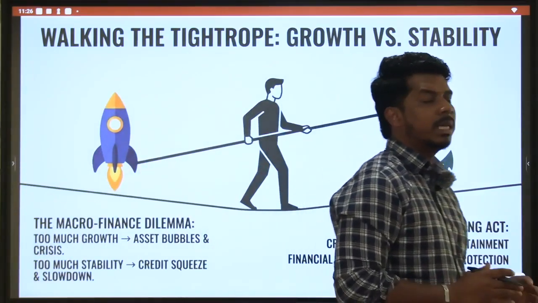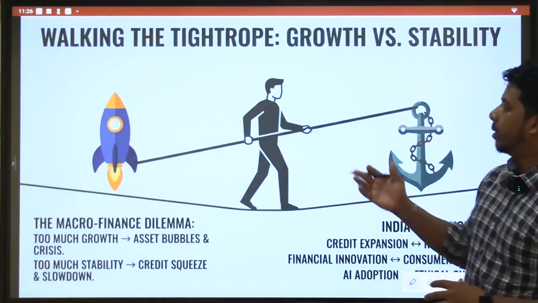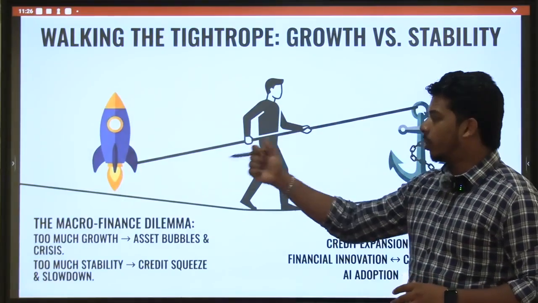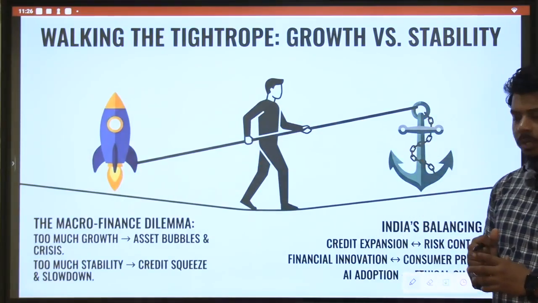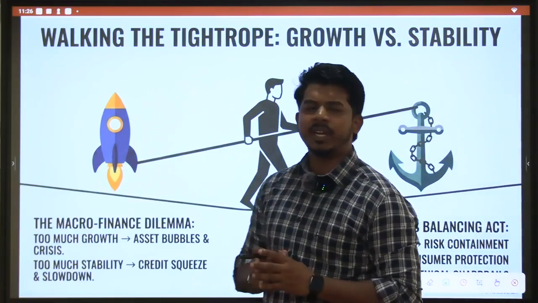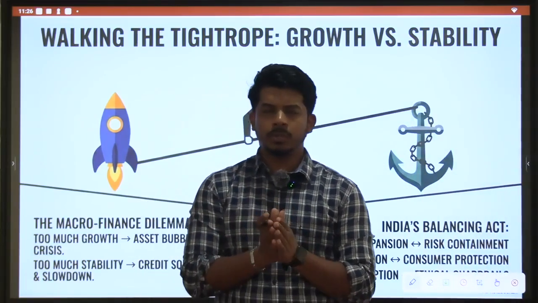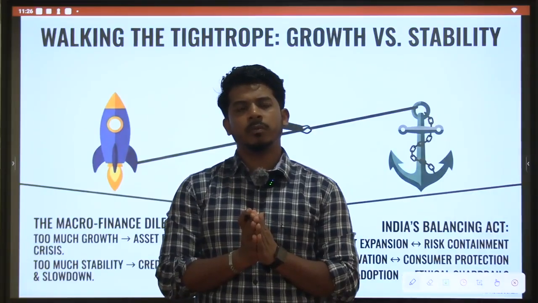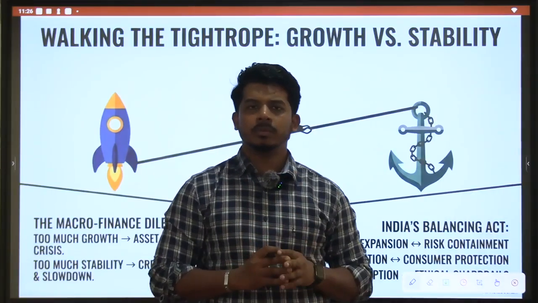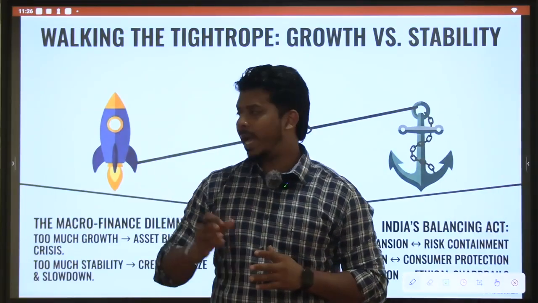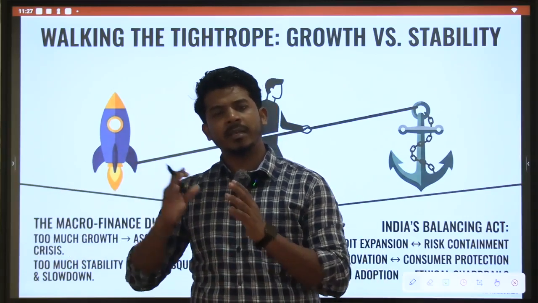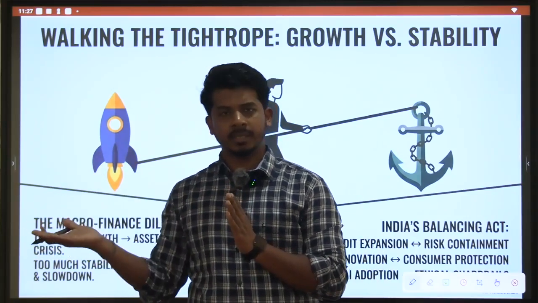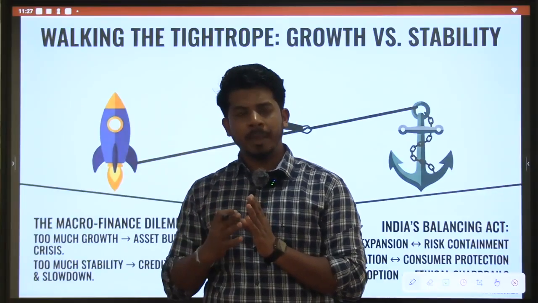It is also talking about balancing growth with stability. Take for example, banks give loans. Now what is the appropriate amount of loans a bank can give? If a bank keeps on giving loans to everyone who is asking, not everyone will repay.